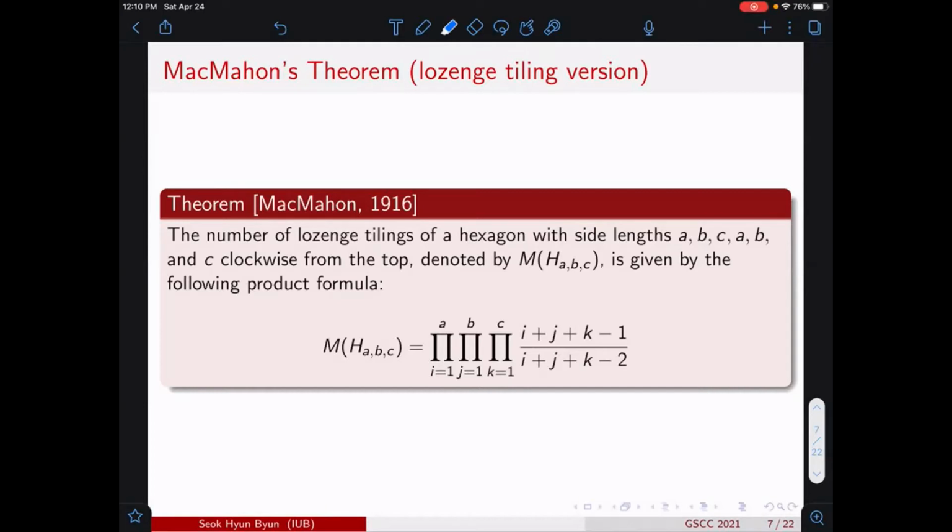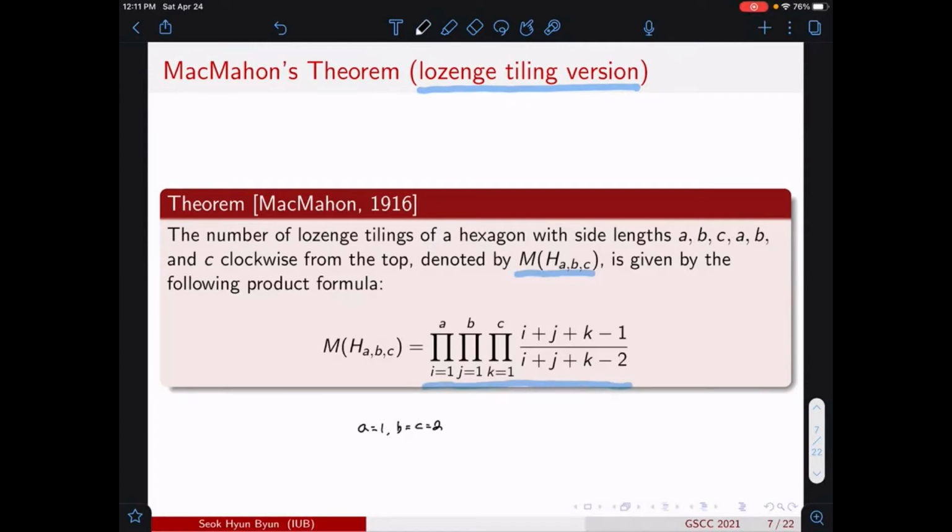That's the reason why I put the lozenge tiling version of MacMahon's theorem. The theorem says that the number of lozenge tilings of this hexagonal region is given by this nice triple product formula. For example, if you replace A by 1, and B and C by 2, you should get 6, because we enumerated these lozenge tilings in the previous slide.